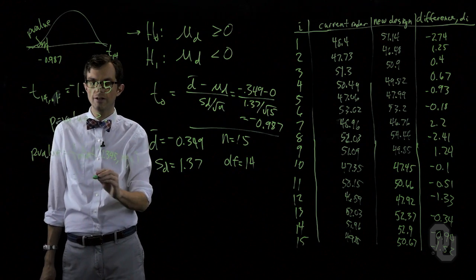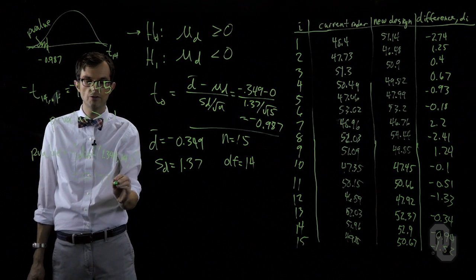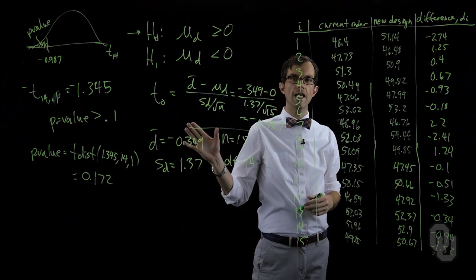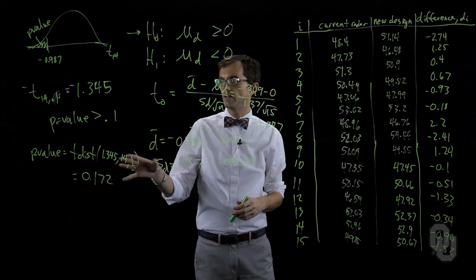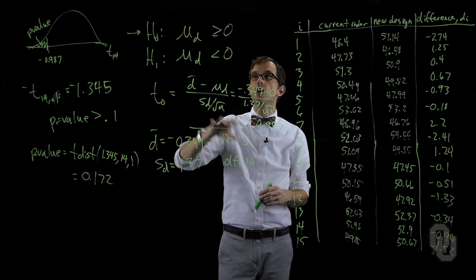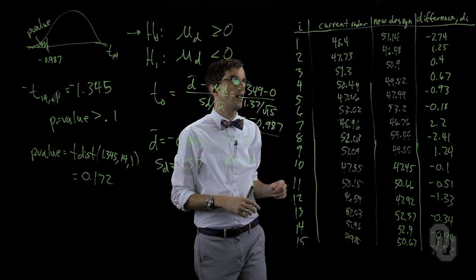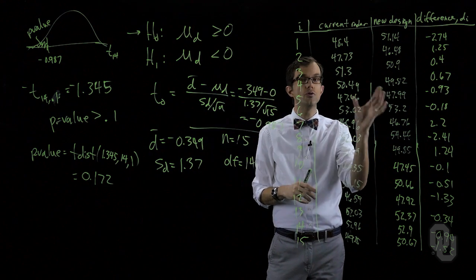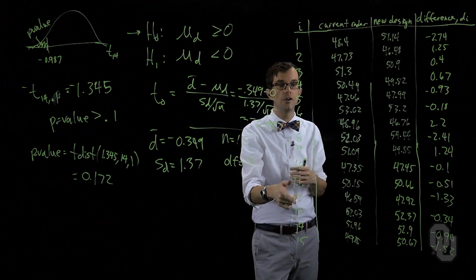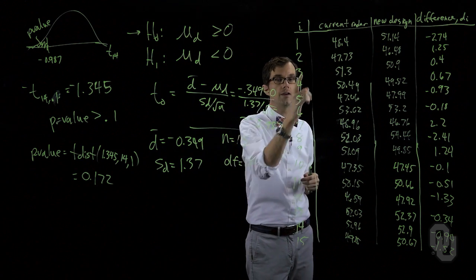And if we do that, we get a p-value of 0.172. Very large p-value, larger than any alpha we would ever choose. And again, if the p-value is larger than alpha, we do not reject the null. We're not going to reject the null here. We have no reason to believe that the new design allows us to detect these images from farther away than the current design.